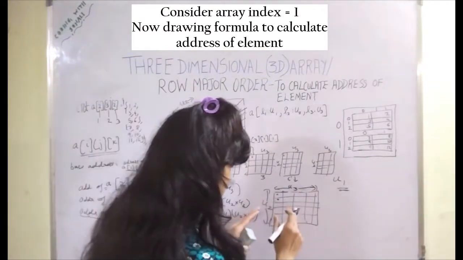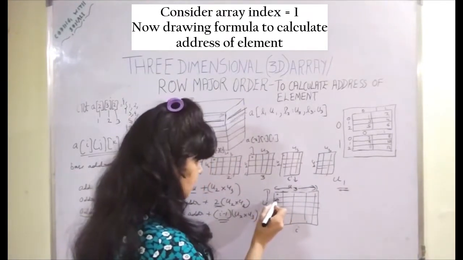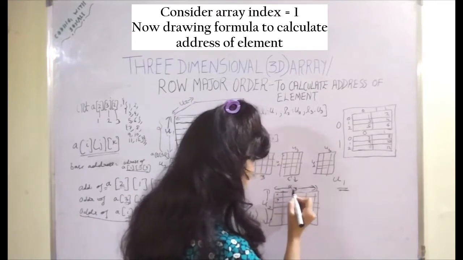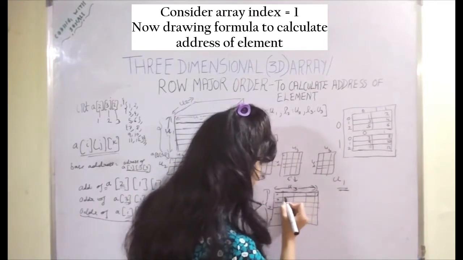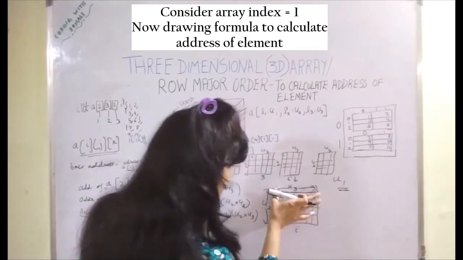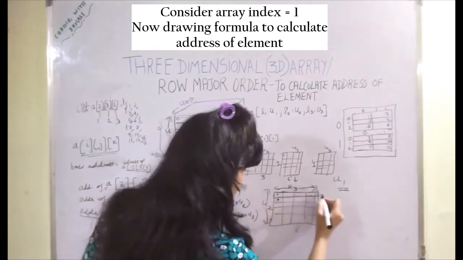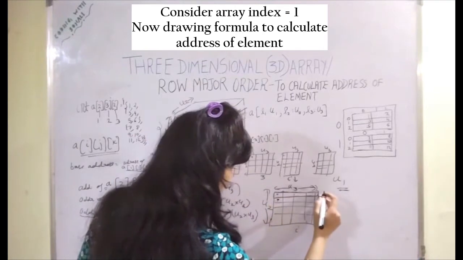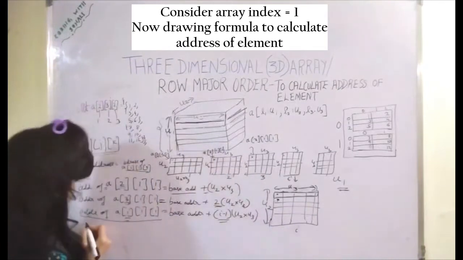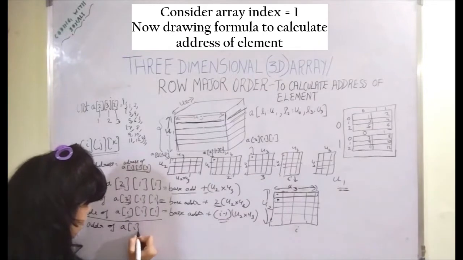How much do we have to cross? You can see to reach from this element to this element, we have to cross the whole row. This row is of size U3. So you have to cross total U3 to reach this element. U3 has so many elements in it, and after crossing all these elements, you can get the address of this element. So what will be the change in that case? So the address of A is as it is.